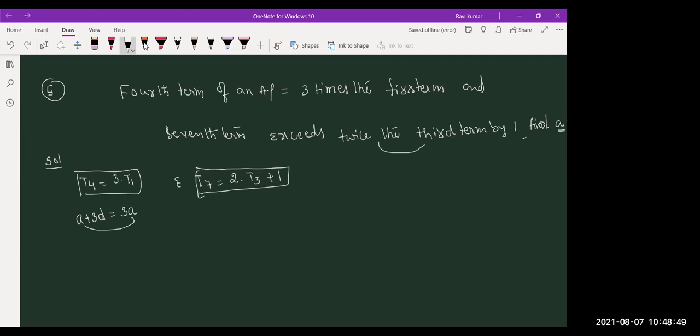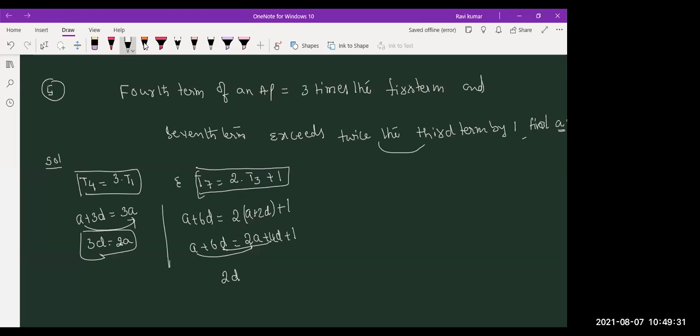If you send the value to the other side, we get A plus 6D equals 2A plus 4D plus 1.